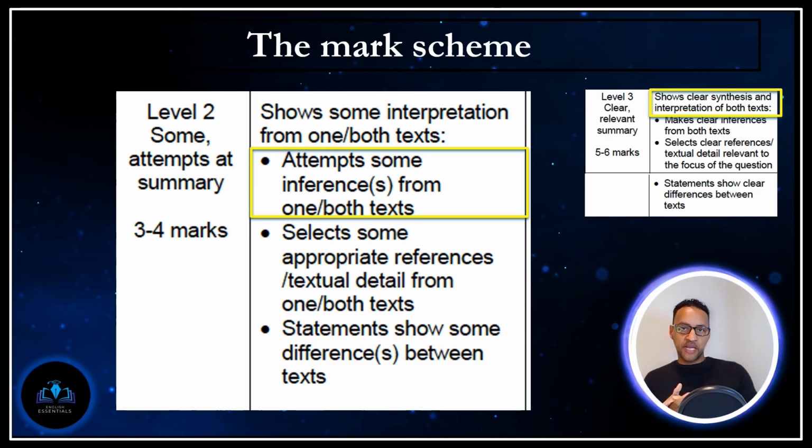Let's now have a look at the mark scheme, because I've talked to you about synthesis and I've talked to you about inference, but why? Let's have a look. Even at level 2 on AQA's mark scheme, it says that the candidate must attempt some inference from both texts, and that's to get at least 3 marks here out of the 8.